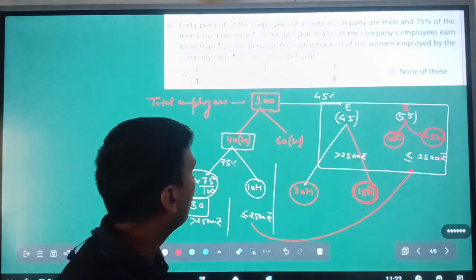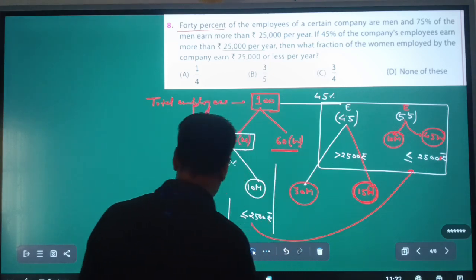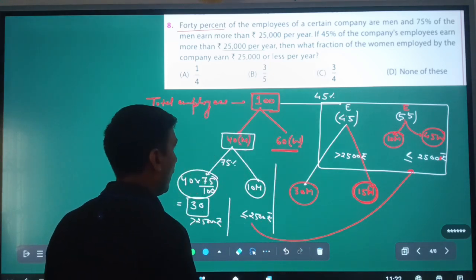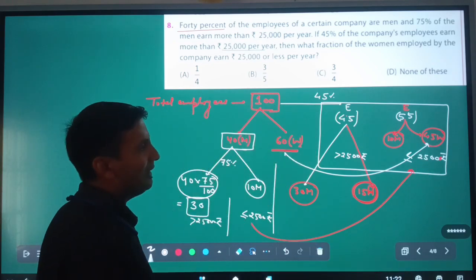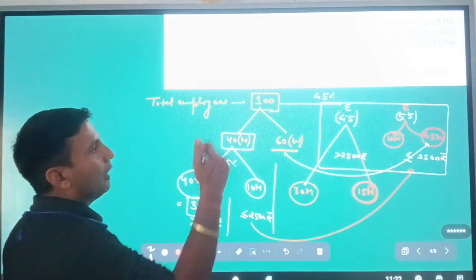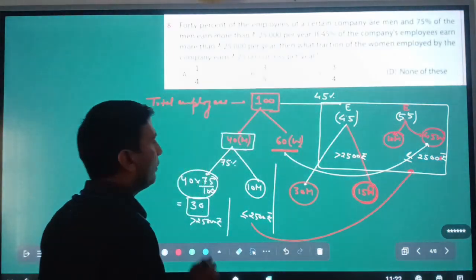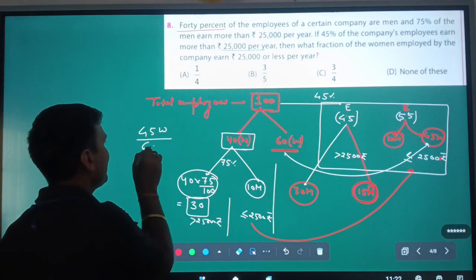The total number of women is 60, and out of them 45 women are earning less than or equal to 25,000. So the fraction will be formed: 45 women out of total 60 women.